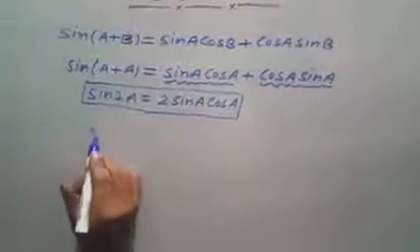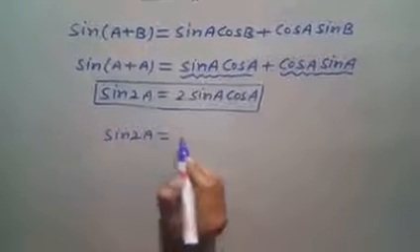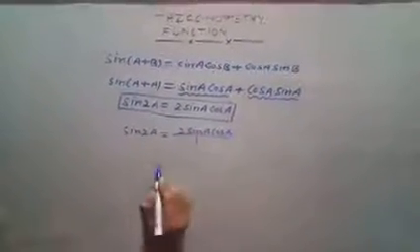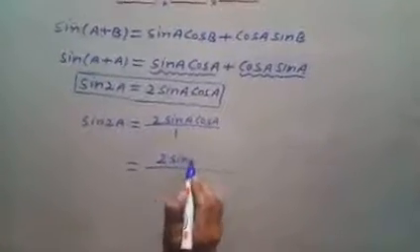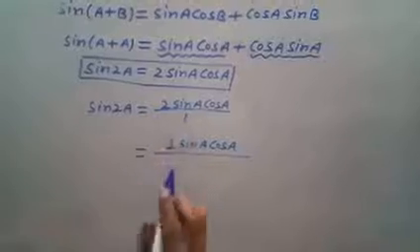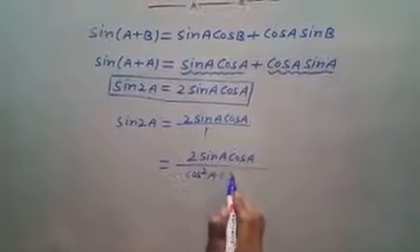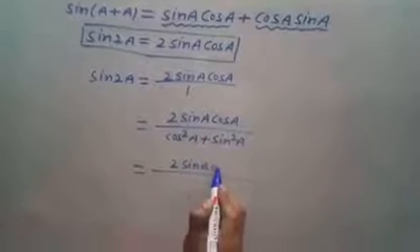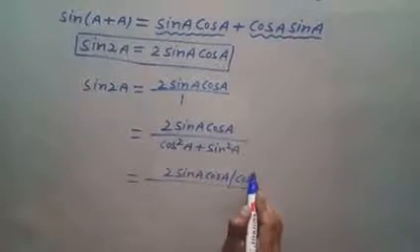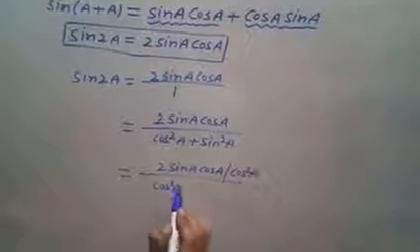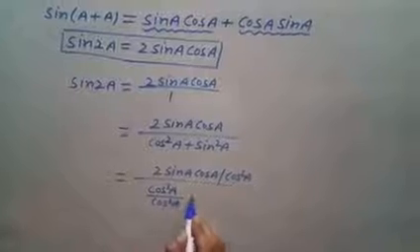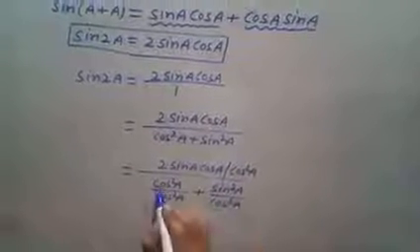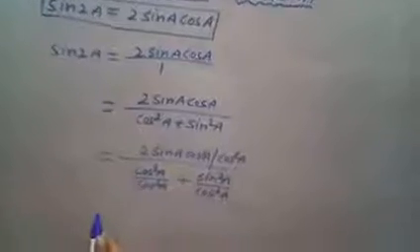Now in the very next line, I can write sin 2A is equal to 2 sin A cos A, and here is 1. 1 can be written as cos square A plus sin square A. Now if I divide the numerator and denominator by cos square A, these cancel out.